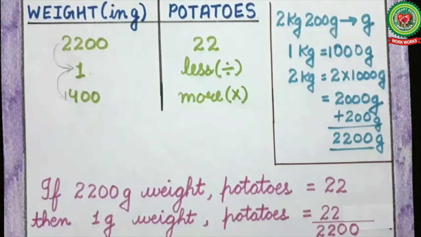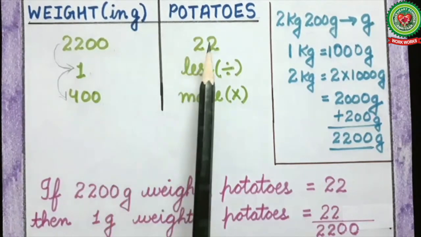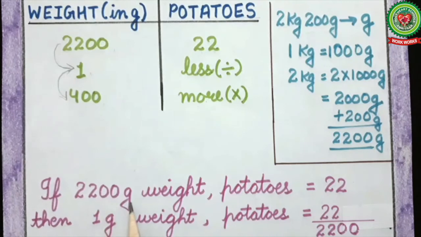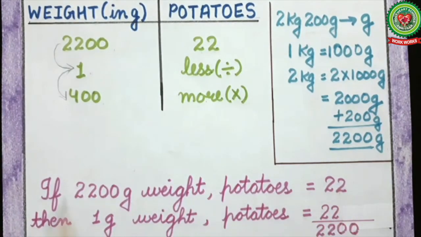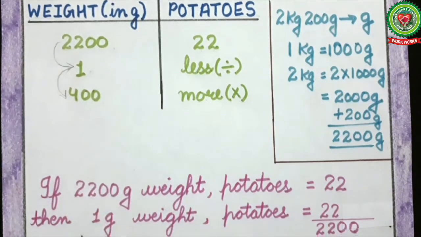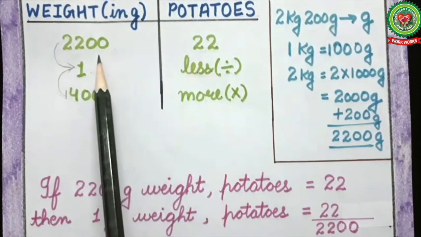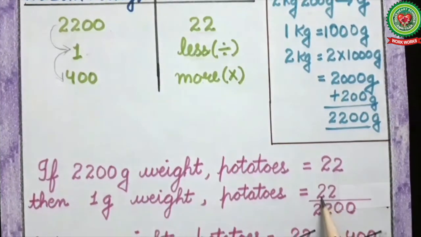Now we will move towards the calculation part. Here 2200 gram weight, potatoes are 22, so let's start from it. If 2200 gram weight potatoes is equal to 22, then for 1 gram weight, potatoes is equal to, by dividing 22 by 2200 we get the number of potatoes. So here I have written 22 divided by 2200.